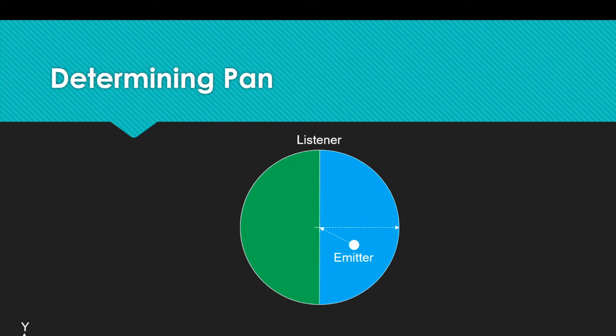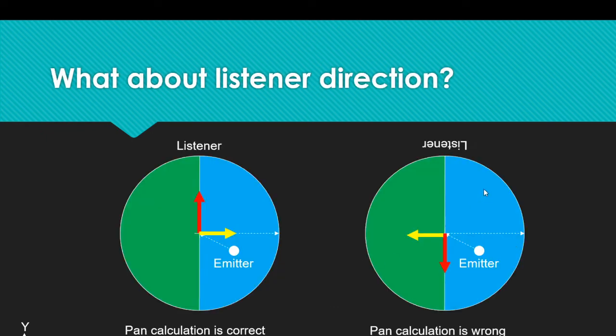So that's quite straightforward, but the only other thing that we really have to think about when we're doing this, which we didn't have to think about with the volume calculation, is that this is also directional. So if we turn the listener around, so the listener is facing downwards, then suddenly the emitter is on the left hand side and slightly to the fore.